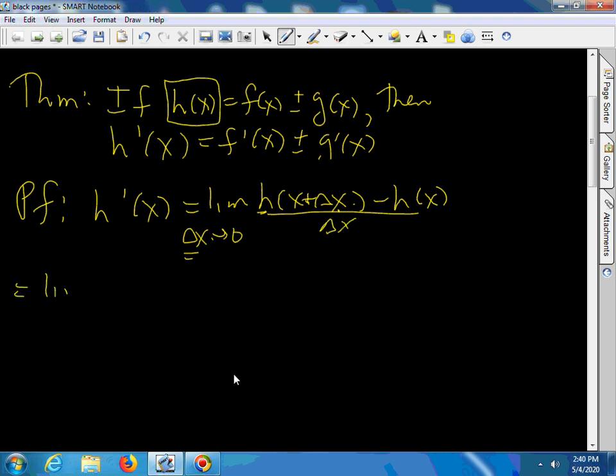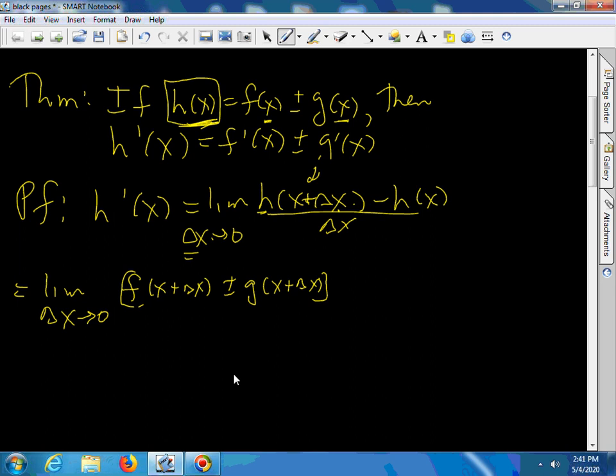So this is equal to the limit as delta x goes to 0. Well, h of anything is f of the anything plus or minus g of the anything. And anything is, in this case, x plus delta x. So you get f of x plus delta x plus or minus g of x plus delta x.